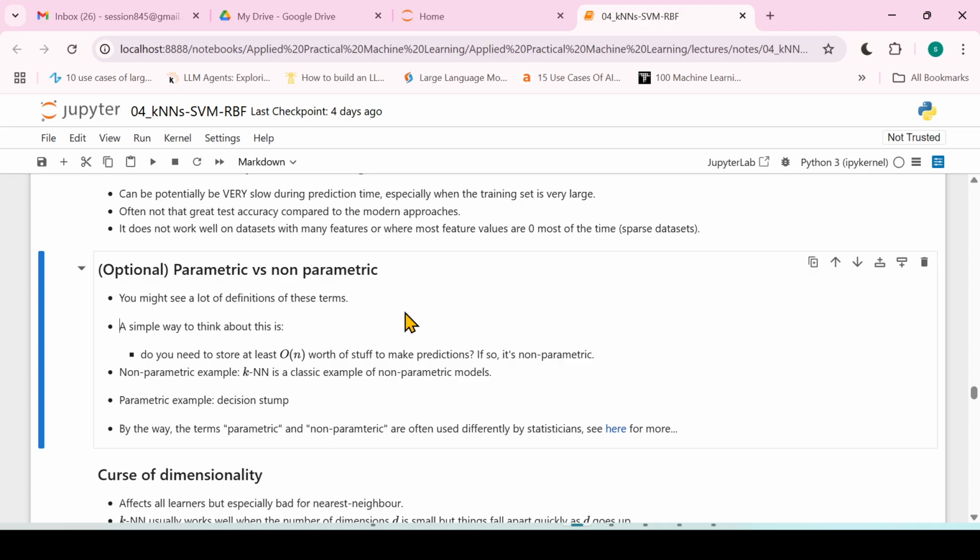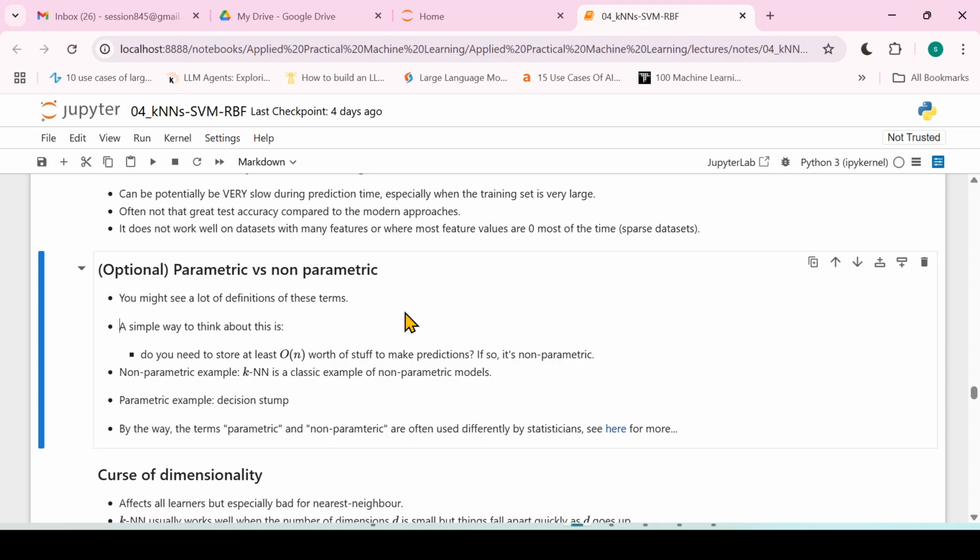Here, KNN is our non-parametric model because it does not learn any parameter during the training time or fit time. Whereas a decision tree is a parametric model because during the training time, it learns all the parameters. It learns which nodes to split on and what the threshold value is. All these are called parameters.